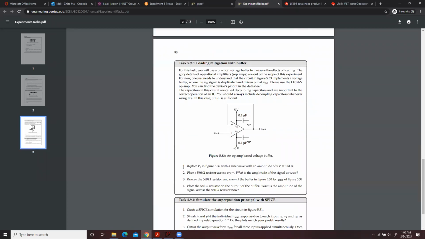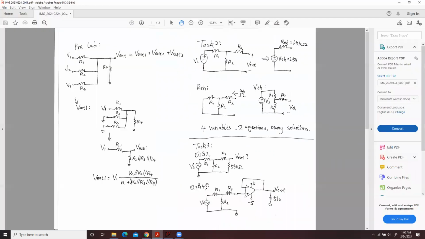If you check question 1 and question 2, what that means is you need to replace this DC voltage source with an AC voltage source, and put a 516 ohm resistor at your output. You put this resistor at the output, and then you measure the output voltage. So basically, this is the circuit diagram of question 1 and question 2.